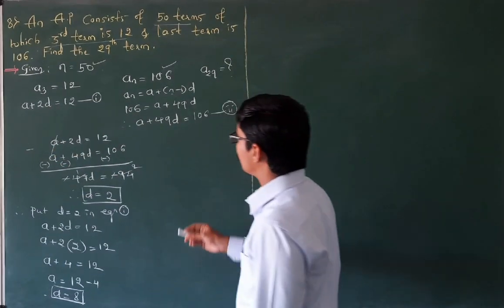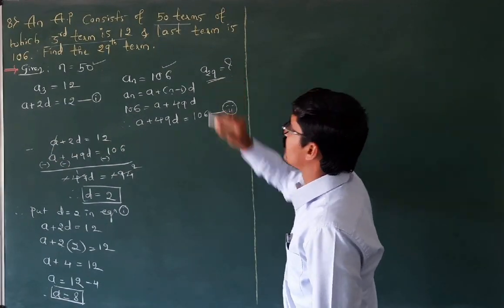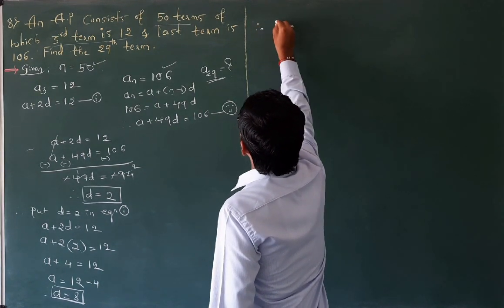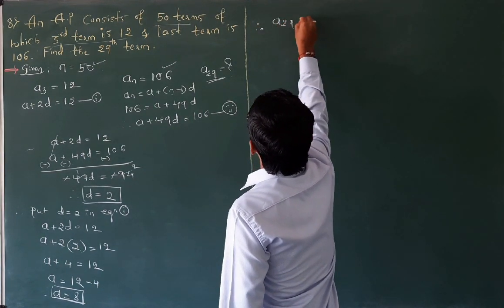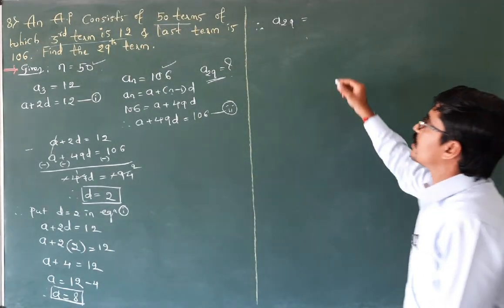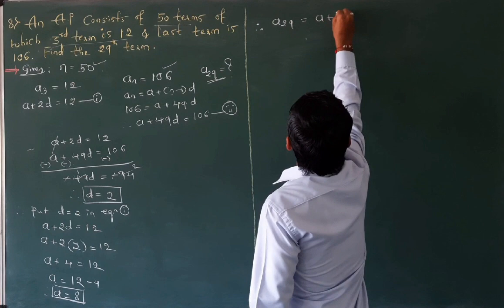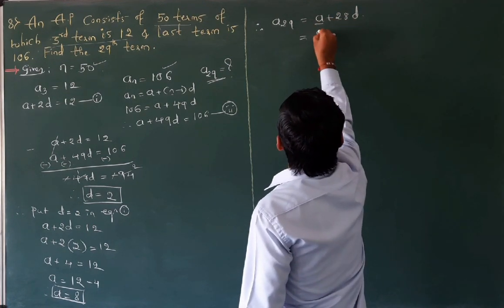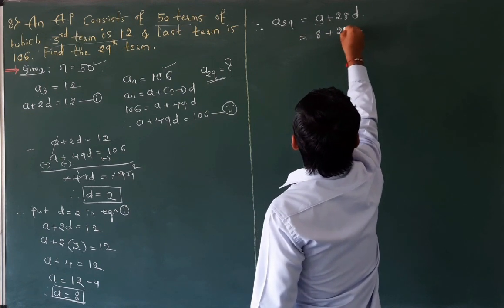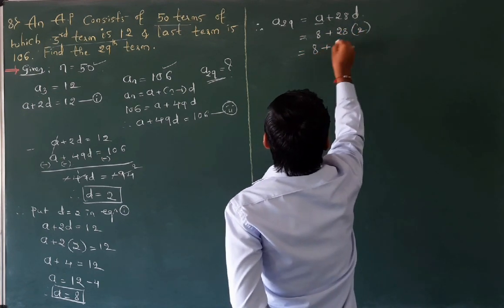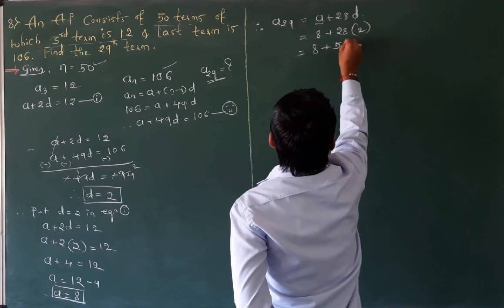So now what is asked here? The 29th term is asked. Therefore A29 can be written as a plus 28d, which is equal to a value is 8 plus 28, d value is 2, which is equal to 8 plus 28 twos are 56.